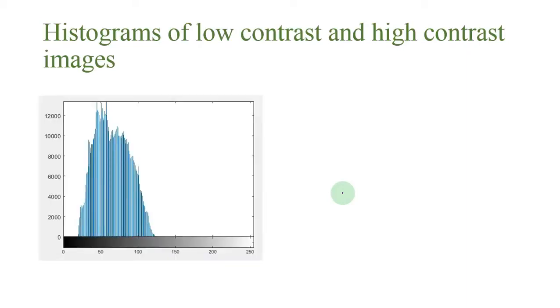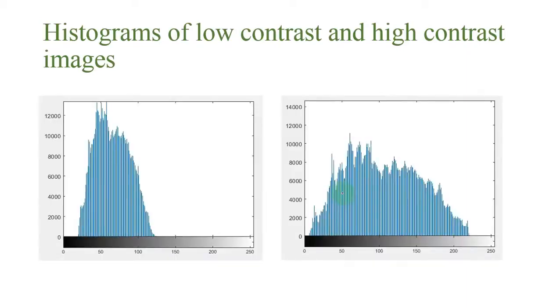Histograms of low contrast and high contrast images. The histogram of a low contrast image is compressed and confined to a small range, while the histogram of a high contrast image is spread out to the whole range of gray levels.